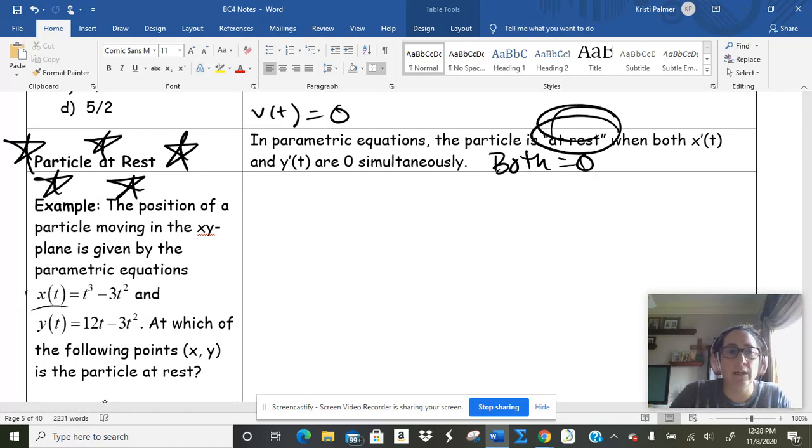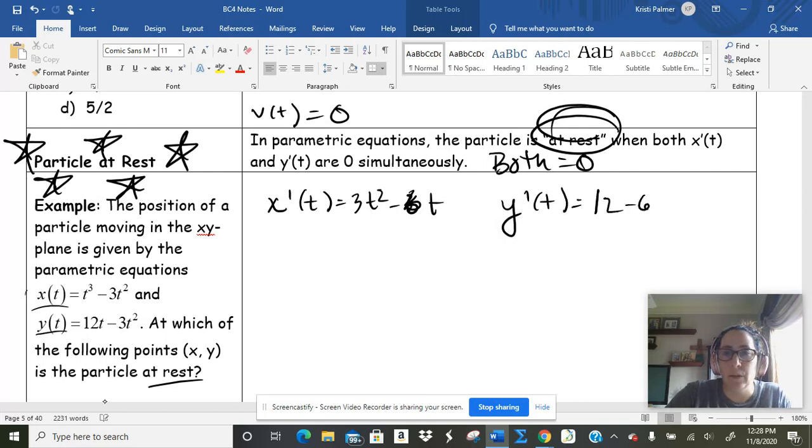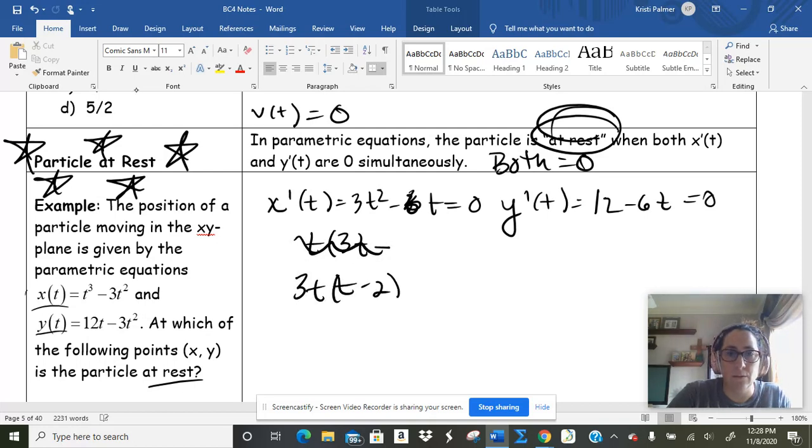So this gives me an x and y, and it says when's the particle at rest. So I need to take the derivatives and find when each of those are equal to 0. Oh, I should take out a 3 there. So over here it would be 0 and 2.